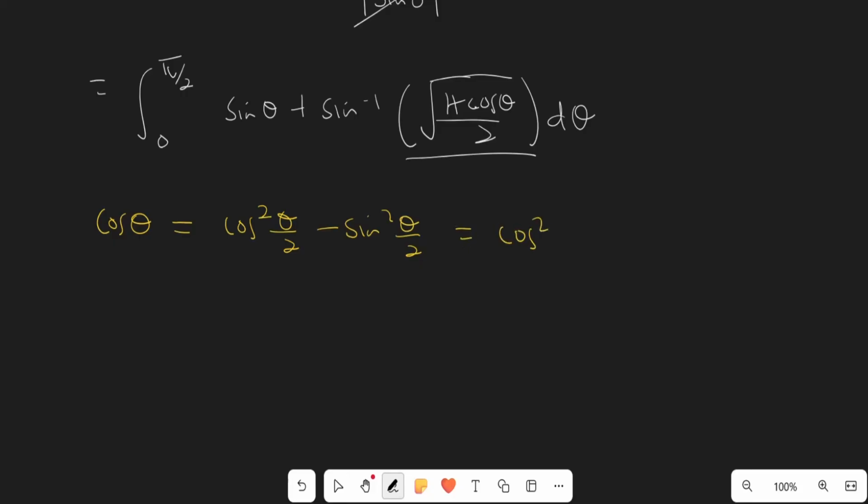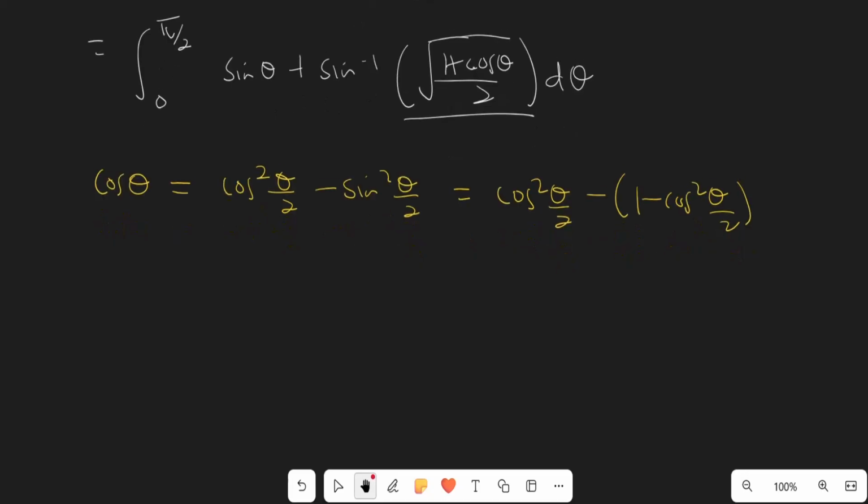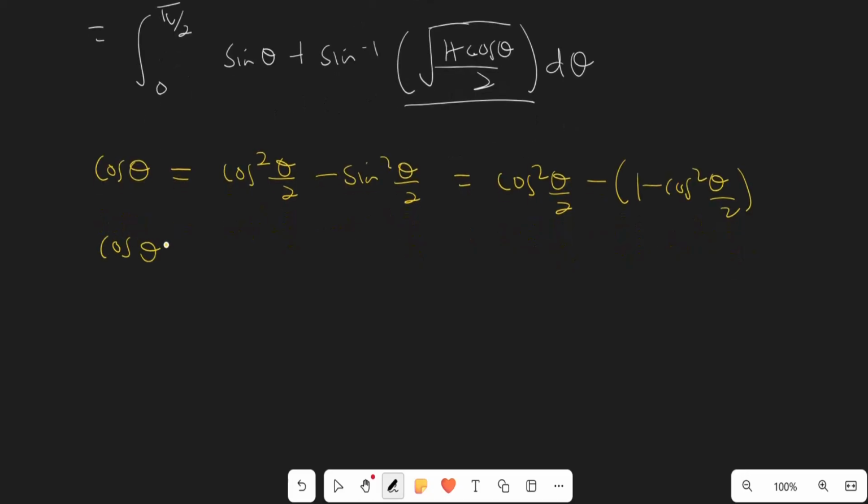So this is cosine squared theta over 2 minus, in brackets, 1 minus cosine squared theta over 2. So cos theta is going to be 2 cos squared theta over 2 minus 1. So in place of cos theta in our integral, we can just replace with this one, right?